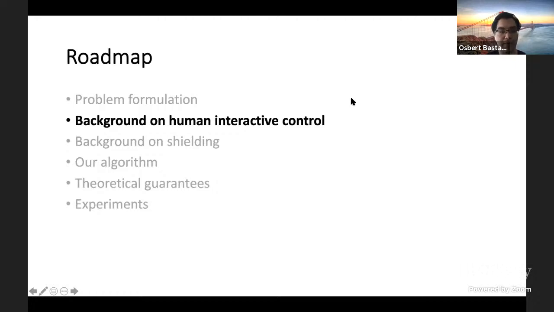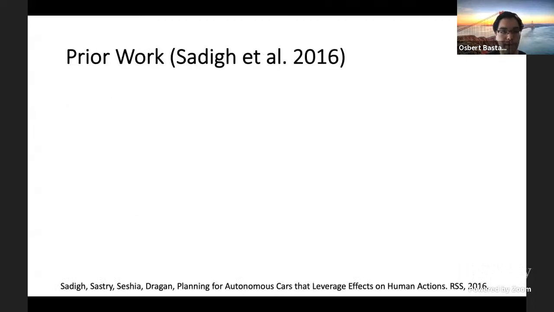So I'm going to give some background on one approach to human interactive control in this setting. There has, of course, been a lot of work, but this work in particular provides and solves a game theoretic formulation of the problem.